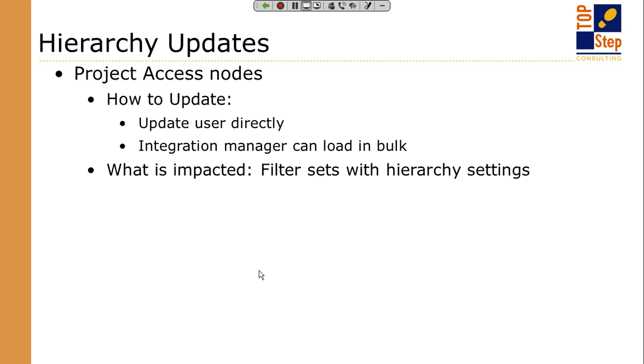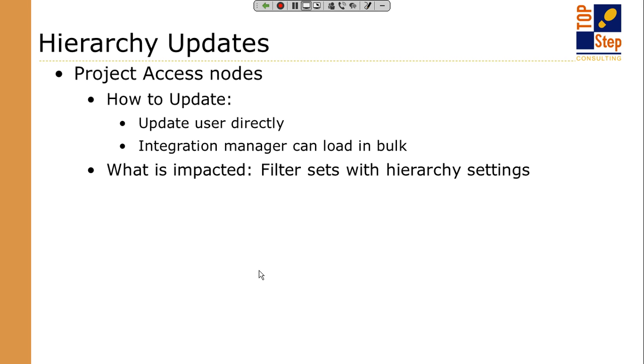If you don't have hierarchies enabled, if you don't have hierarchies set up, if you don't have the project access node feature enabled, and you don't have the filter set feature enabled, then of course you can skip all of this that I'm talking about. But if you want to control project access by sort of regional ownership, the hierarchy is one of the best ways to do that, and then setting up a project structure so that you can grant people access to parts of the structure simply by using filter sets.